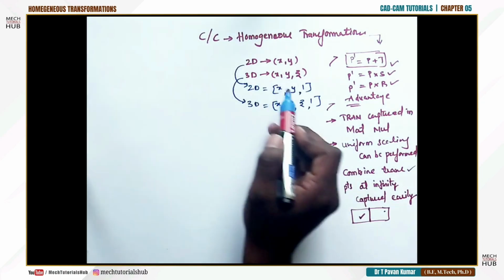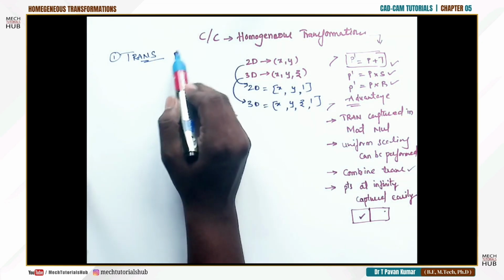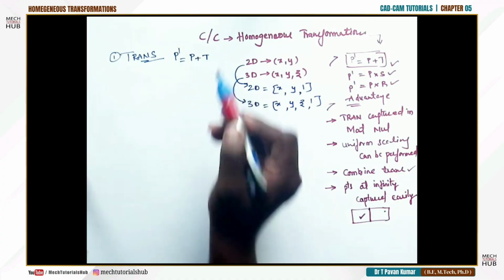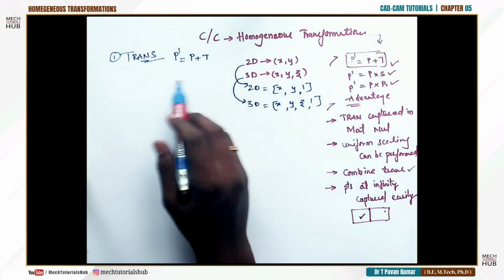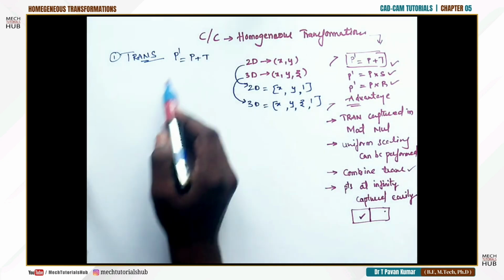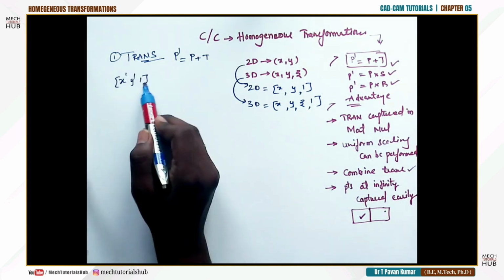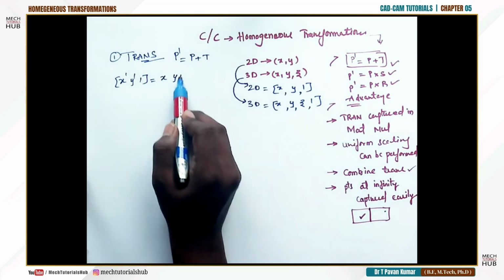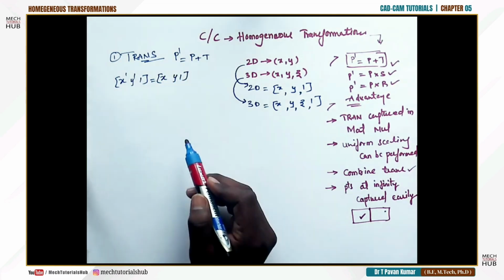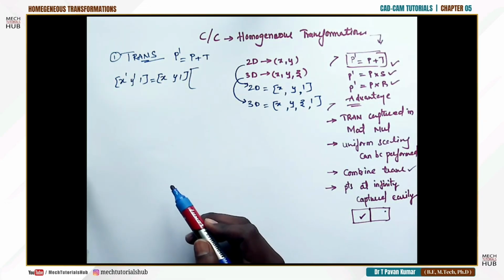Let us take the first one, translation. We know from the basic equation P prime equals P plus T. Now the same equation can be written in this format, P prime, nothing but x prime, y prime. One is the term introduced in homogeneous coordinates: x, y, 1, which is an existing point, followed by the matrix of translation.